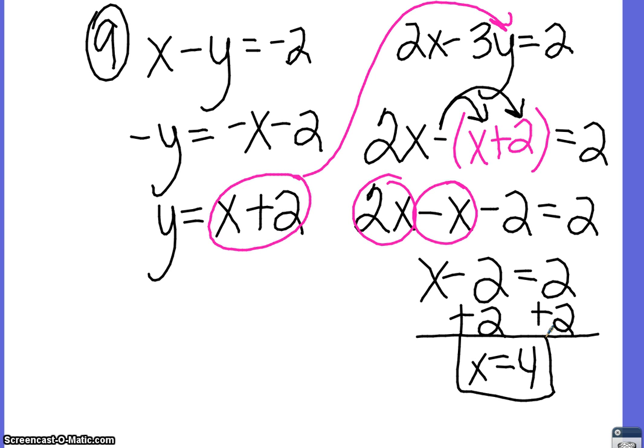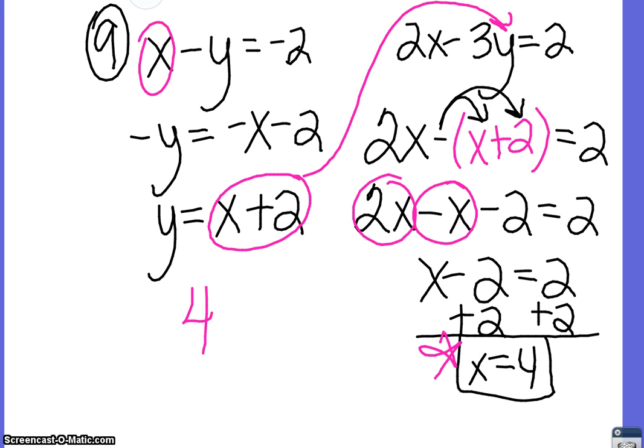Now in order to solve for y, we're going to take the x value, which is 4, and I could actually plug it into either equation. The easiest equation to plug it back into is x minus y equals negative 2. So watch what happens. Where the x value is in my first equation, I'm going to plug in the 4, which is what I got from that answer.